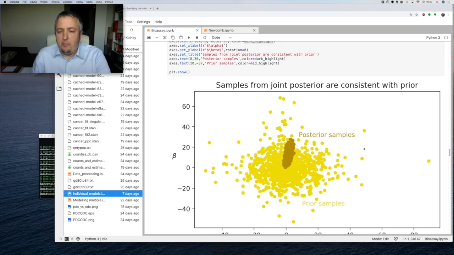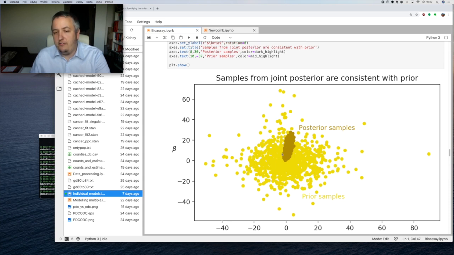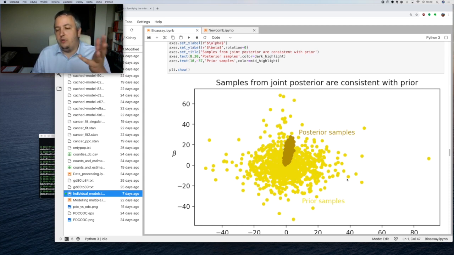Let's first start with our posterior samples. As you can see, the posterior distribution for alpha and beta is much more condensed than the original one. The original one gave us samples everywhere. Here we have them very thickly packed in comparison with prior samples.